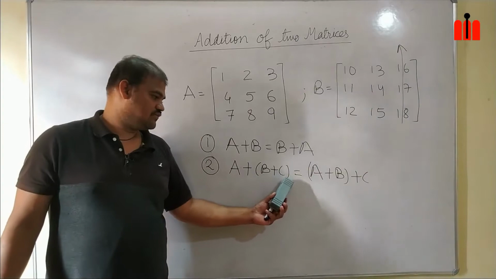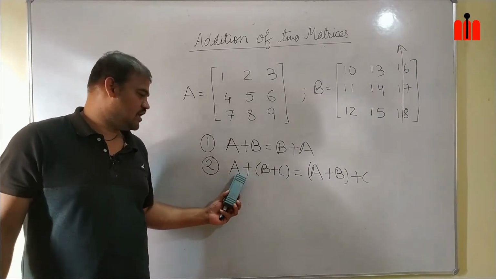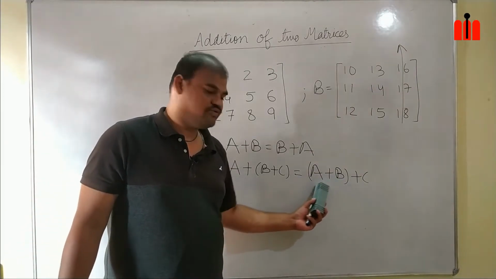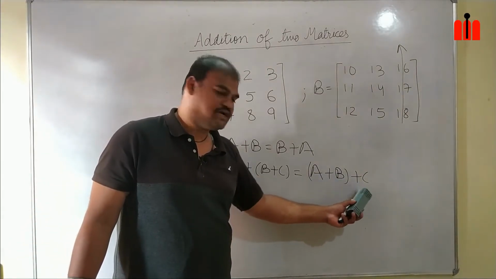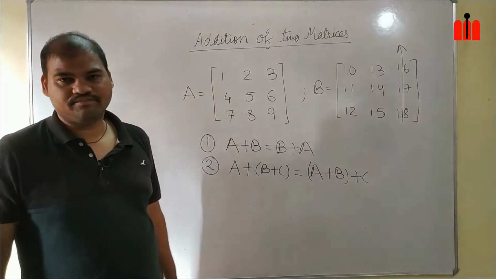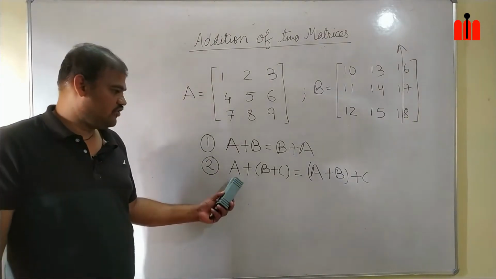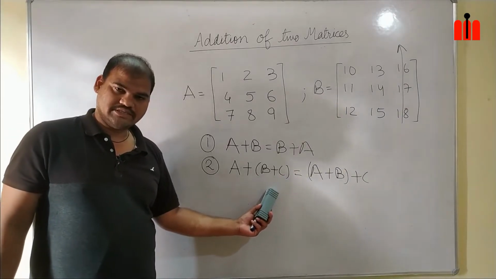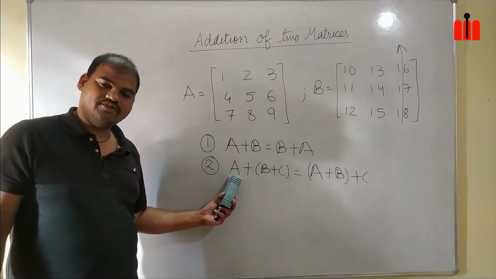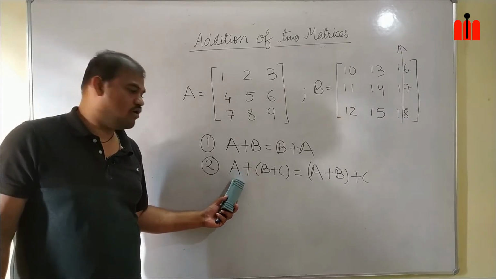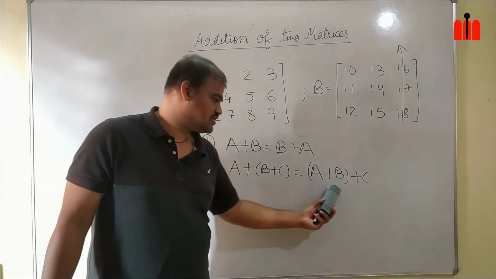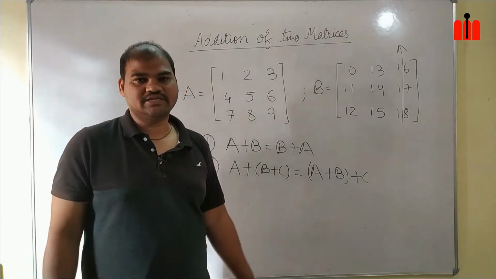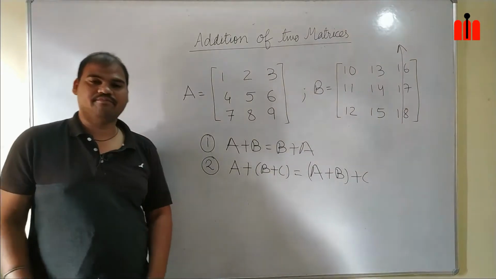You add the elements of the last 2 matrices and after that add the first matrix, or you add the first 2 matrices and then add the third matrix. Both are the same. The result will be the same.